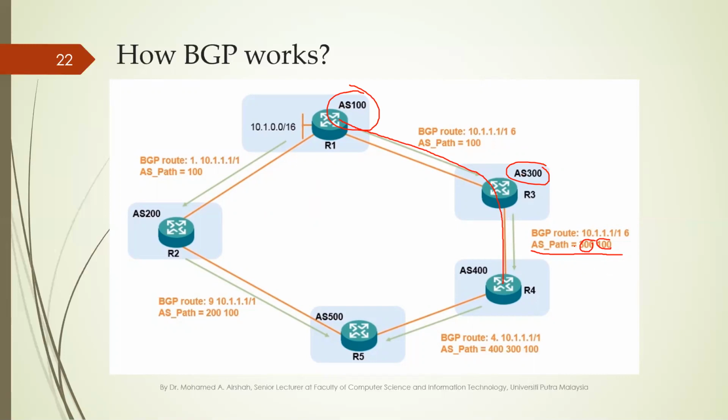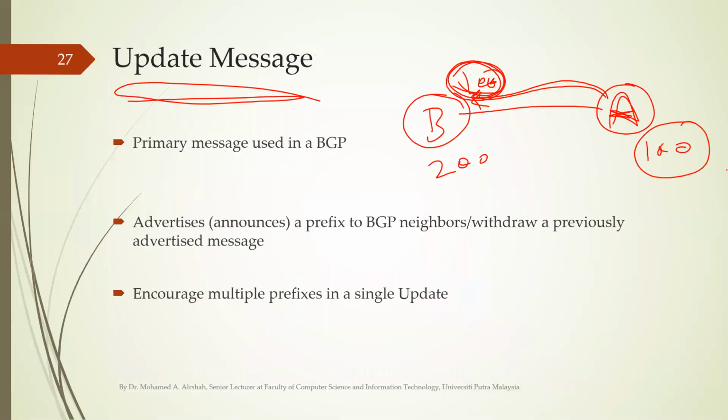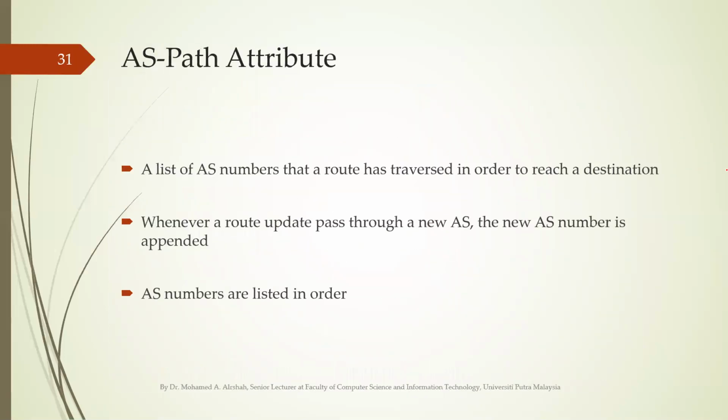This is what they call the AS path. For this packet here, we can see 400, 400, 300, 100. That means it comes from here, and before that through this router, and before that through router 1. So whenever a route update passes through a new autonomous system, the new autonomous system number is appended.